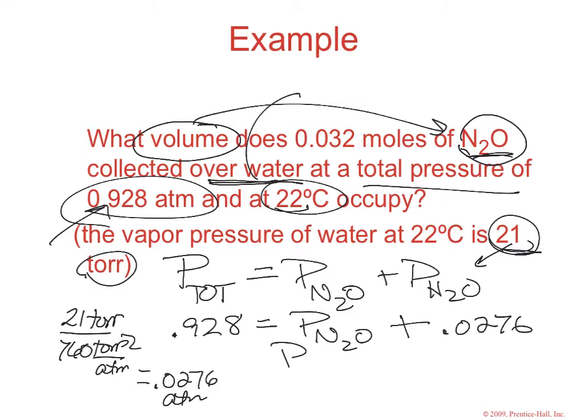All right, so then rearranging this equation, we can find the partial pressure of dinitrogen monoxide. It is 0.900 atmosphere. So now we're going to go to the next slide and use the ideal gas law.